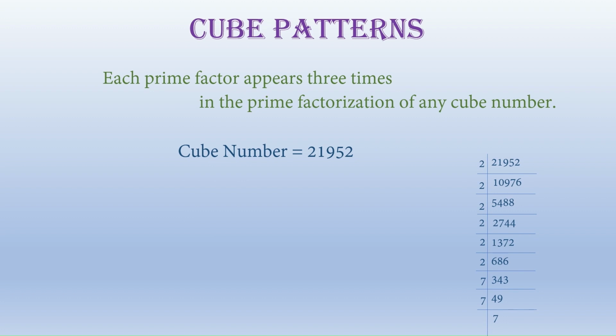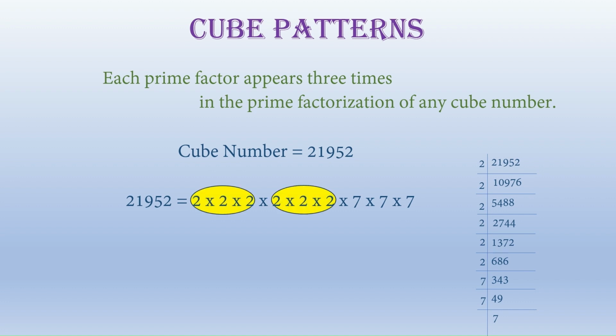Here if we observe, 2 has appeared 6 times and then it is 7. So we'll write it as the product. Now in this, if we do grouping, the first initial 3 2's can be grouped. And then again we have 3 2's and then 7 appeared 3 times.